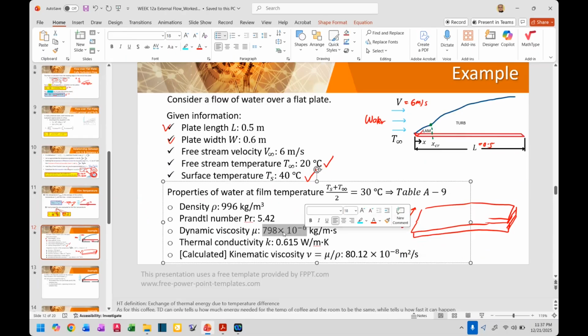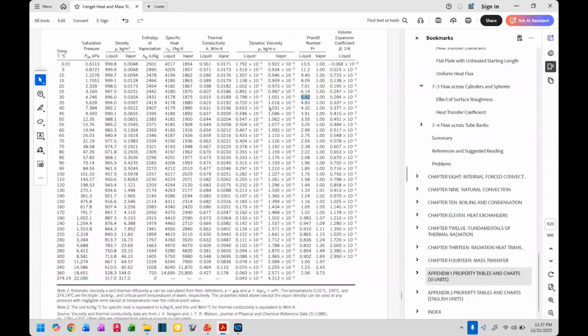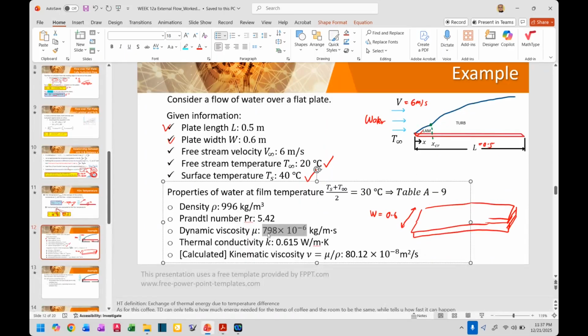It was 0.798 times 10 to the minus 3, but I converted it into minus 6 so that I have a nice number here, 798. And then divide that by the density 996, you'll get this number, 8.012 times 10 to the minus 7.